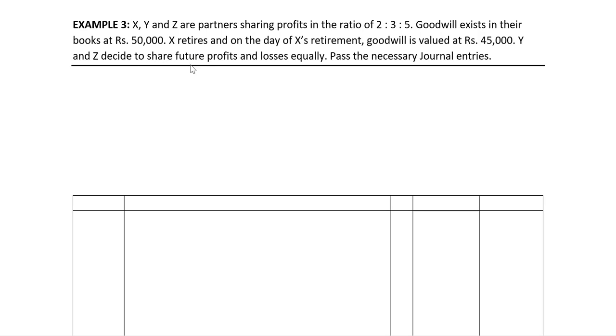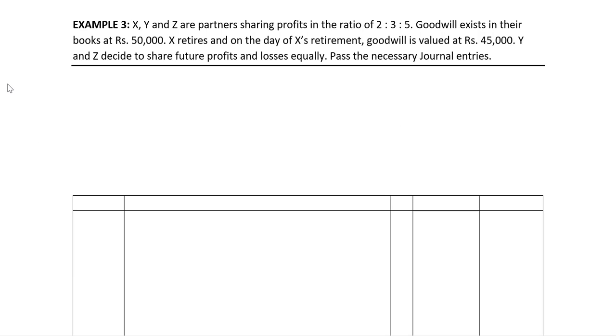We will deal with this by writing it off among all the partners X, Y and Z in their old profit sharing ratio 2:3:5. And for the purpose of valuation of goodwill of rupees 45,000, we will calculate the gain and sacrifice and debit the gaining partner and credit the retiring partner or any other sacrificing partner.